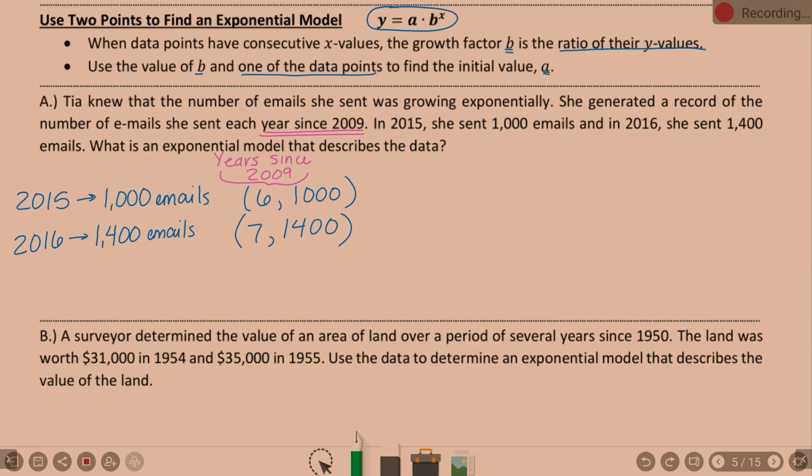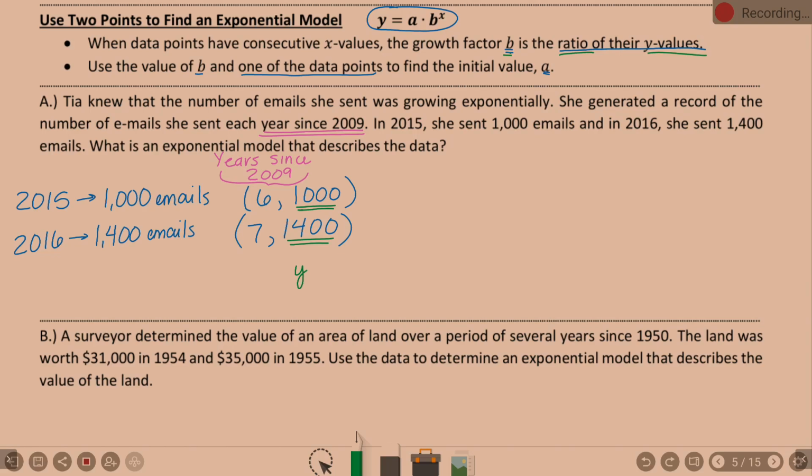Now, how did it say to find B? B is the ratio of the Y values. What are my Y values? 1,000 and 1,400. So B is the ratio of those values.